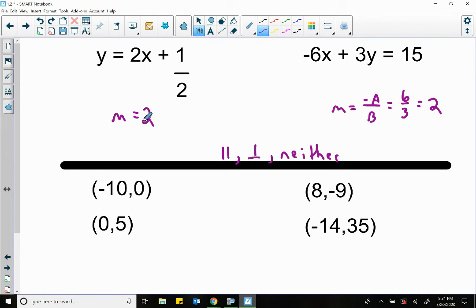So if you look at these 2 pieces, they're the same. So the answer you would select for these is parallel. Okay? They might even ask you to fill in the blank for the slopes for these. So you would say this would be line 1 and the slope is 2, line 2 and the slope is 2, and then they'd ask you parallel, perpendicular, or neither. So they might also ask you for the slopes.